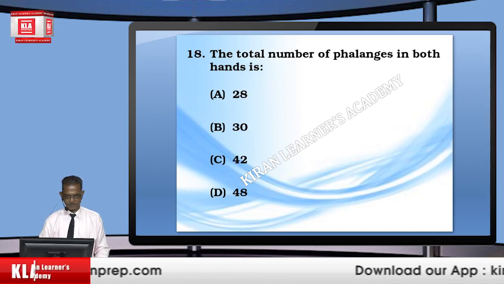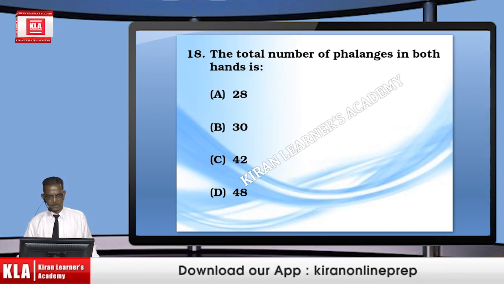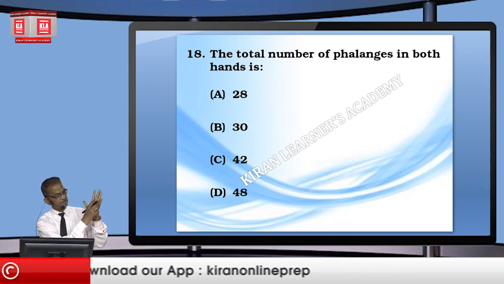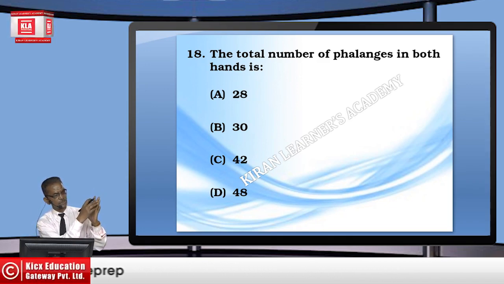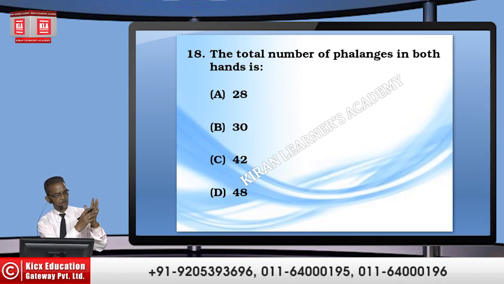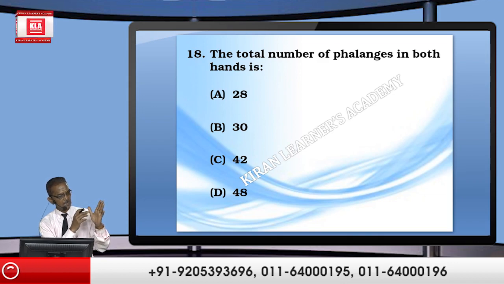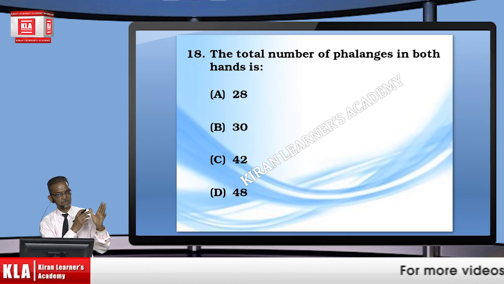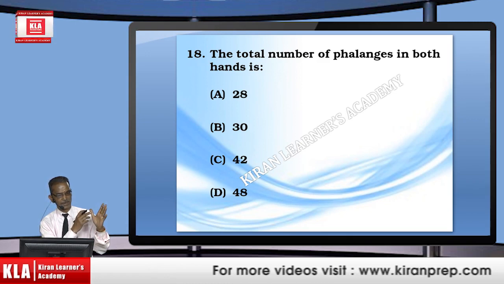Next. The total number of phalanges in both hands. These partitions that you see: 1, 2, 3, and 3 into 4 is 12. The thumb has only 2, so 12 plus 2 makes 14.